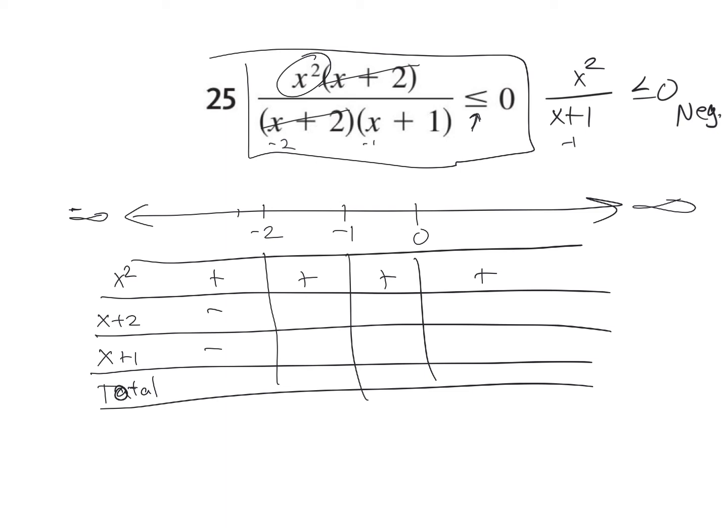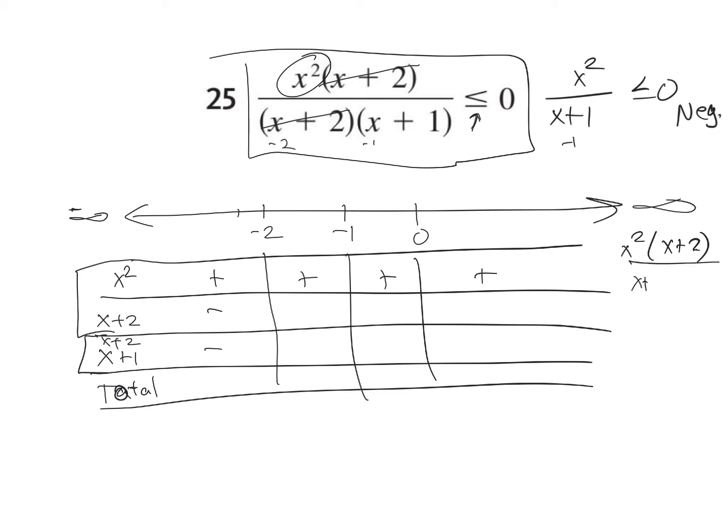Divided by. Okay, so you really need to look at it from the point of view of what we have at the top. x squared and x plus 2, that's on top. All right, so think of it this way. You have this on top. You have an x plus 1 times another x plus 2 on the bottom. All right, so we're just going to do this one time so you can see what's happening here.